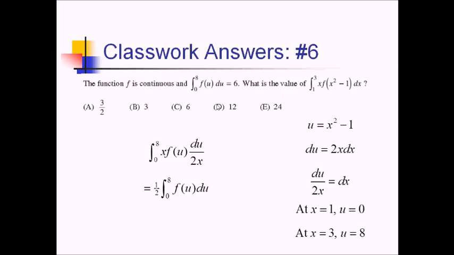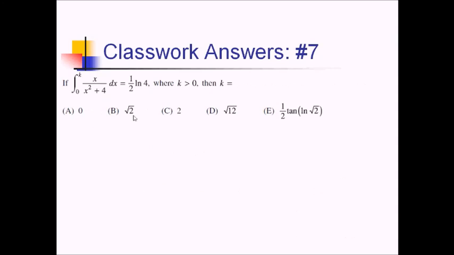So they actually told us the integral from 0 to 8 of f of u was 6. Well, here's the integral from 0 to 8 of f of u. This is 6. We still have this 1/2 out here, though, that we need to account for. So we're essentially doing 1/2 times the 6 that they pretty much gave us in the problem, and that comes out to 3. So choice B.